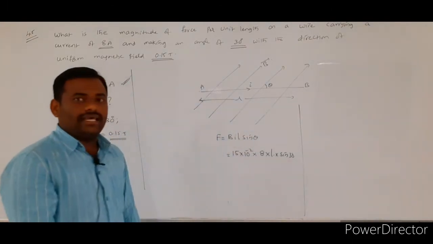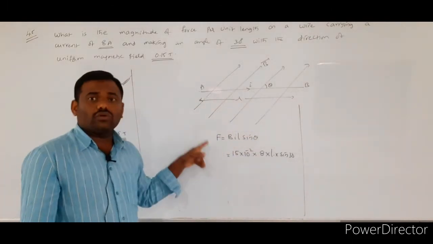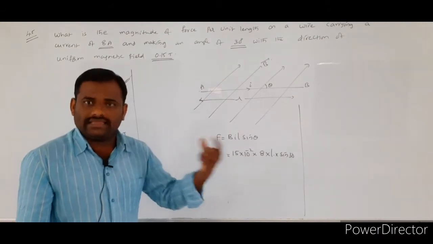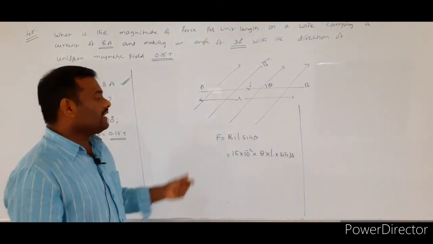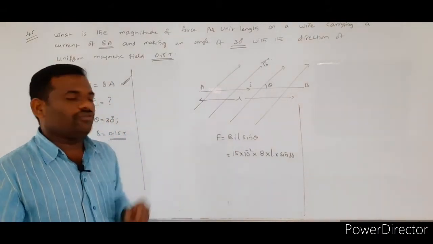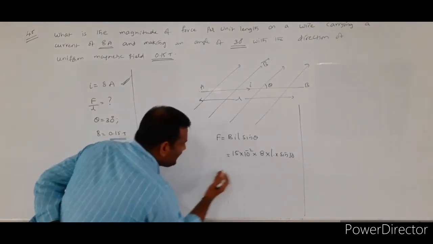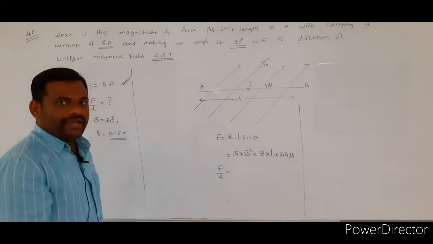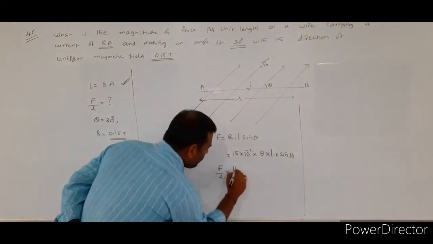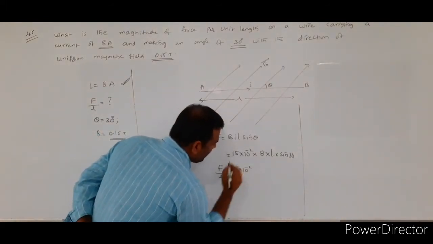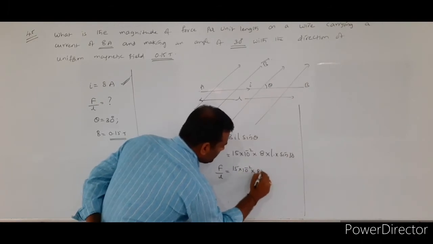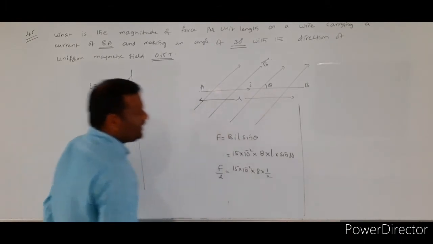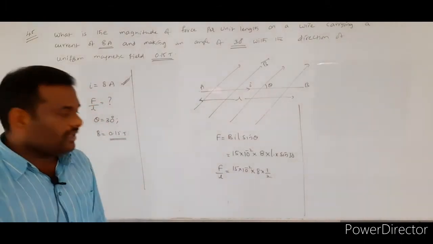Actually, they did not ask for the total force acting on the entire length of the wire. They are asking for force per unit length, so this length will be brought to the denominator. So F by L is equal to 15 into 10 power minus 2, times 8, times sin 30, which is 1 by 2.